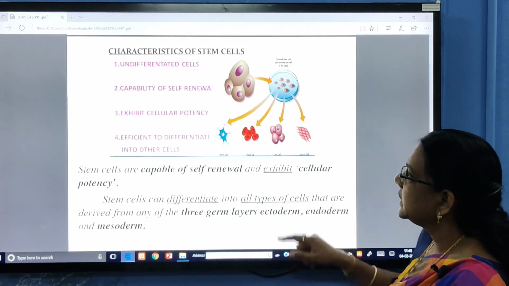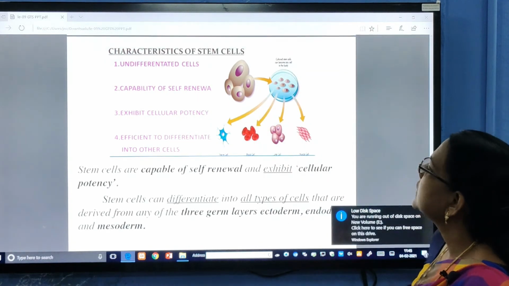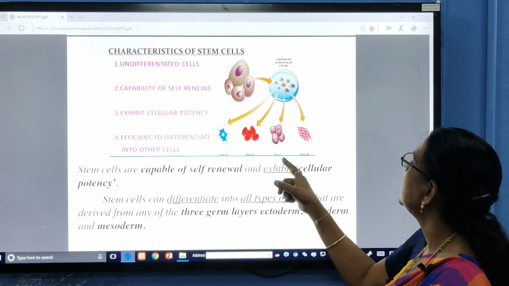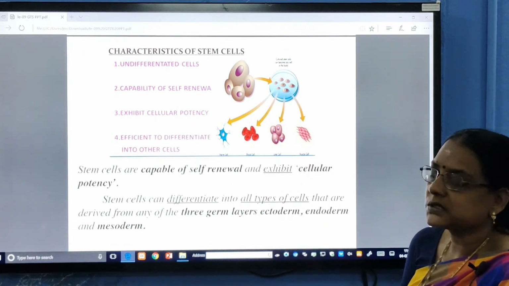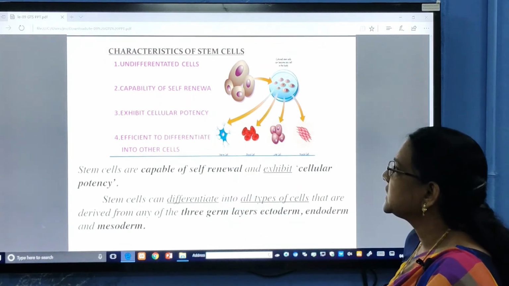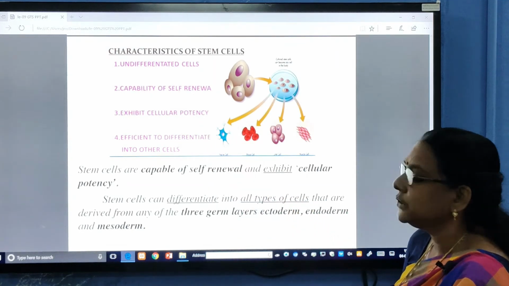The undifferentiated cells will produce whatever cells you need for the target organs, that is nerve cell, blood cell, liver cell, muscle cell, whichever is necessary to replace the damaged tissues. They have the capability of self-renewal, exhibit cellular potency, and are efficient to differentiate into other cells.